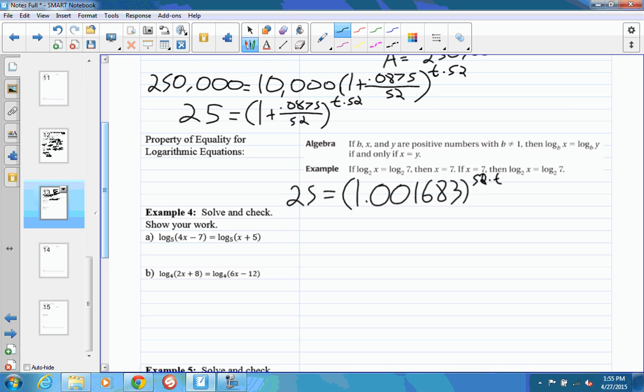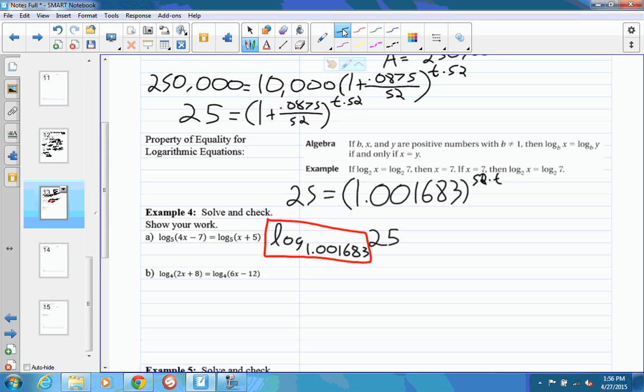I said that using logs is just another kind of tool in your belt for solving problems. This is the way it's going to work. I'm going to take a log of each side, and the log base is what's important. The base is going to be this big number. So log base 1.001683 of 25. I'm going to circle it in red ink here.